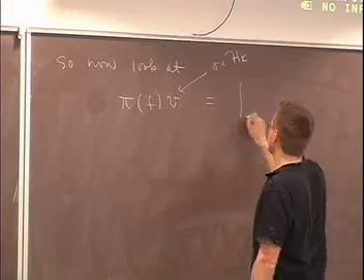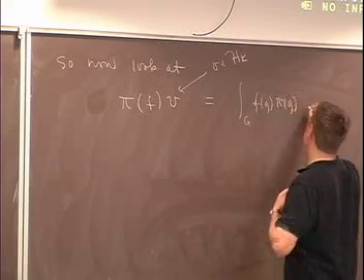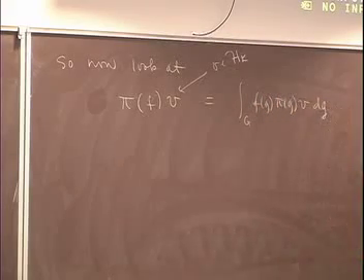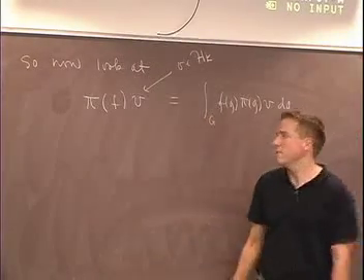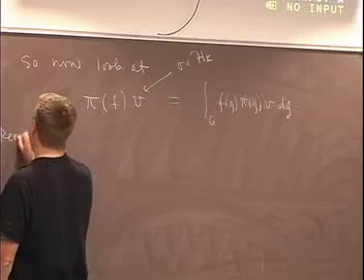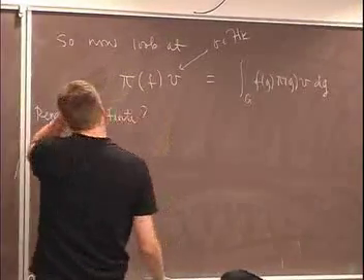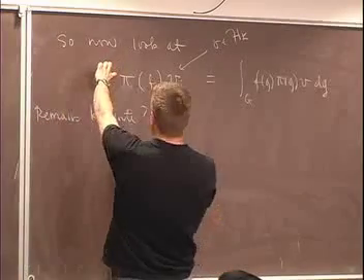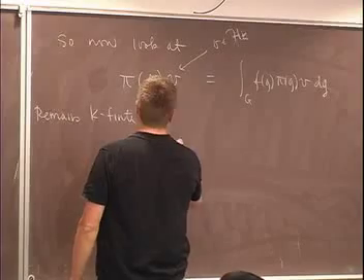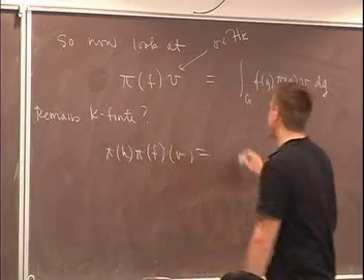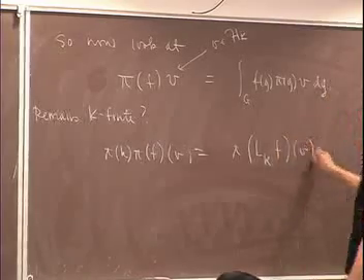That equals the integral over g of f of g pi of g v dg. And I want to see that this remains k-finite. So let's see. I apply pi of k to pi of f of v, and I get pi of L_k f of v.